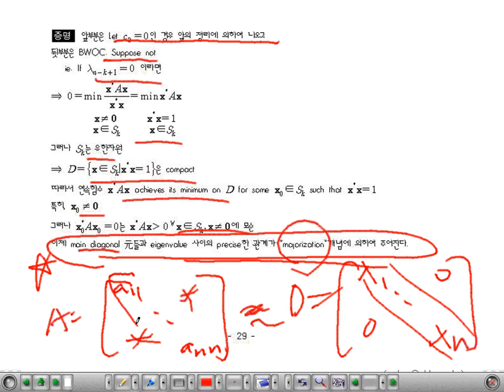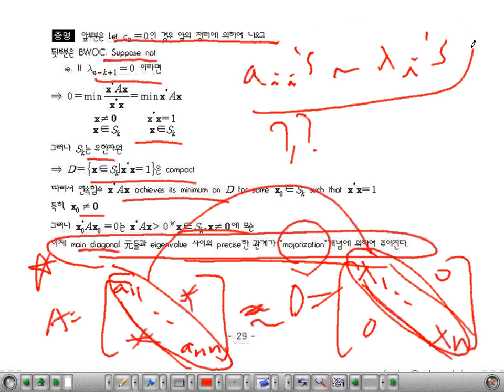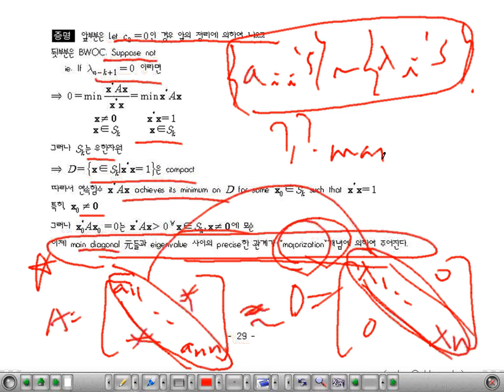What kind of relationship do this sequence of numbers and that sequence of numbers have? Any relation between the a_ii's and the lambda_i's? What's the relationship between these two sequences of numbers? This was answered by the concept of majorization.